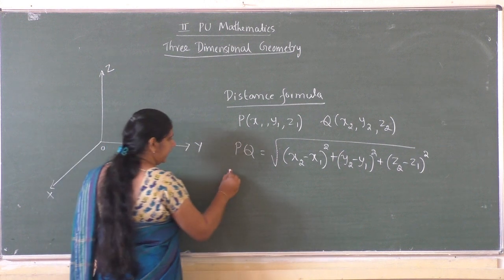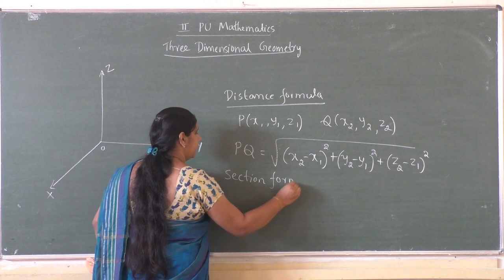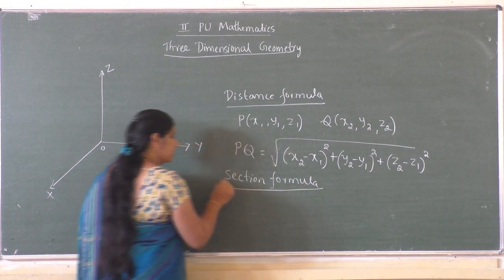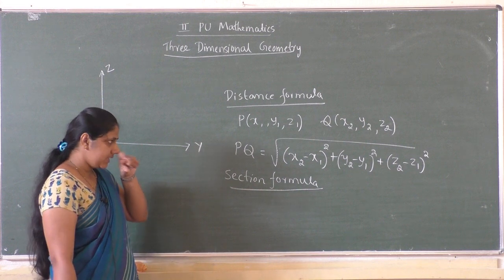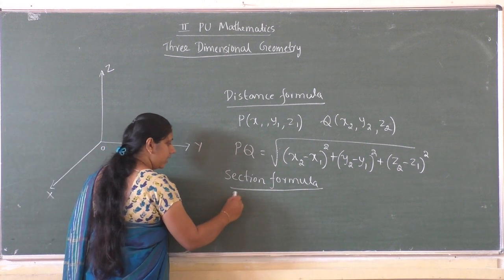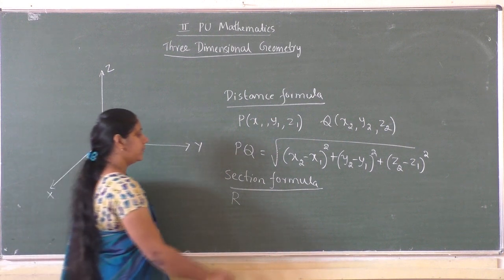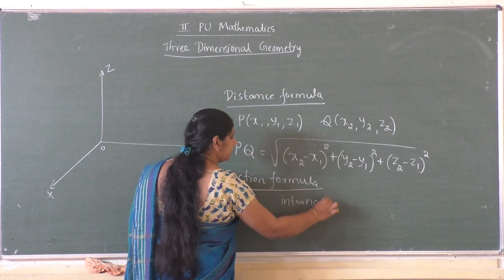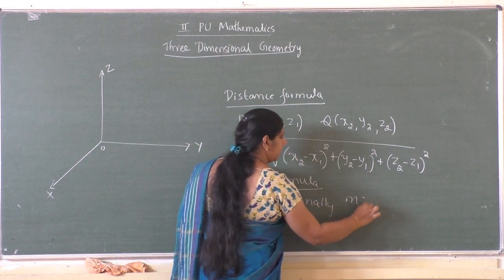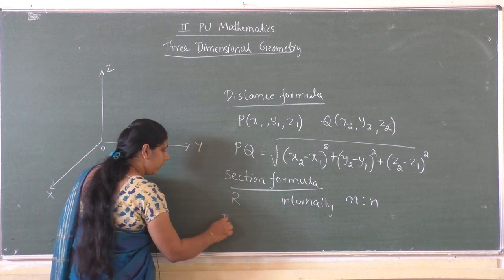Similarly, the section formula we have studied. If P and Q are any two points and PQ is the line segment, and R is any point on the line PQ which divides PQ internally in the ratio m is to n, then what is the coordinate of R?